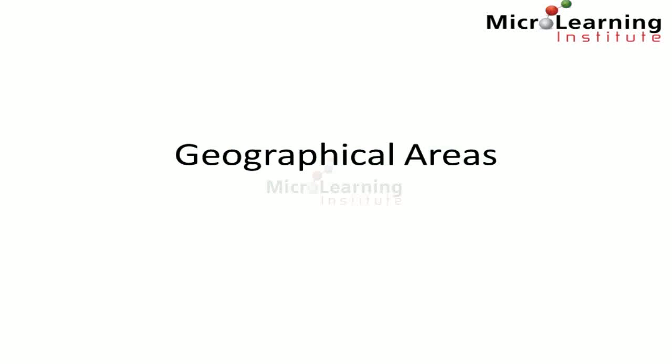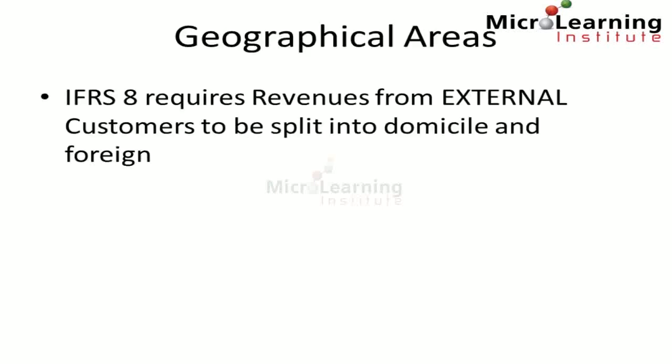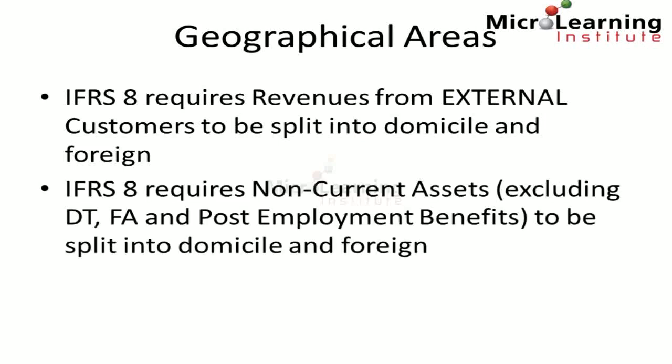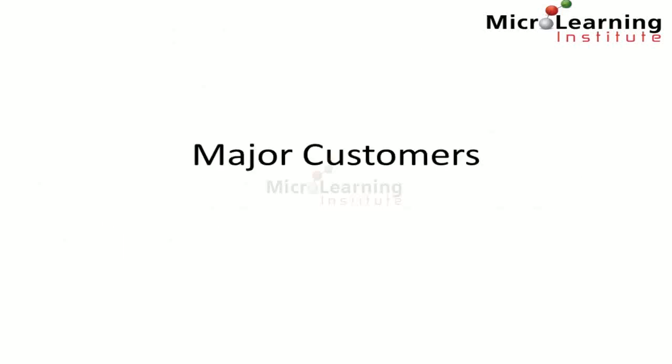Next up, we can discuss some of the geographical area considerations with regard to IFRS 8. IFRS 8 requires revenue from external customers to be split into domicile and foreign. Also, IFRS 8 requires non-current assets, excluding deferred tax, financial assets or post-employment benefits, to be split into domicile and foreign.